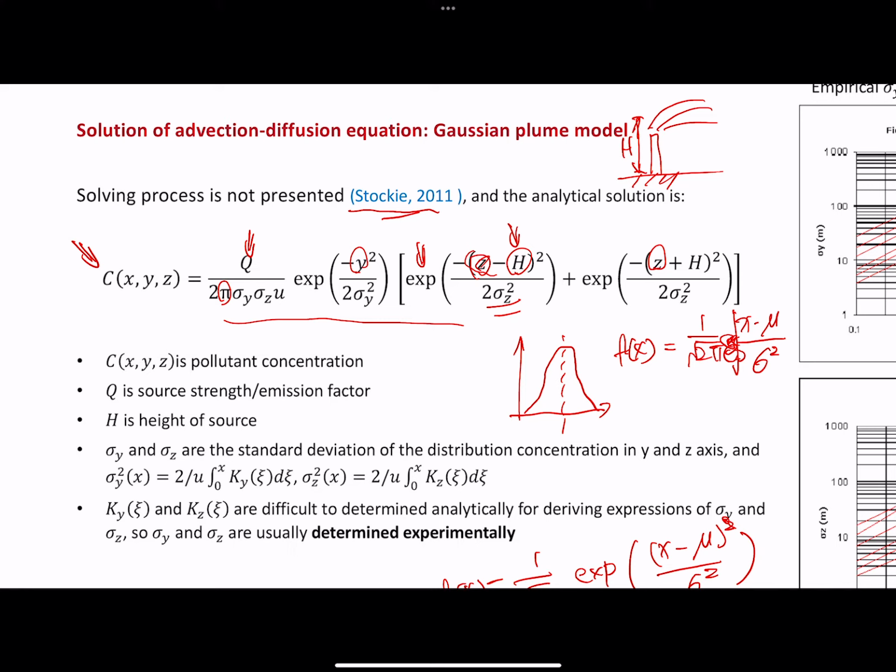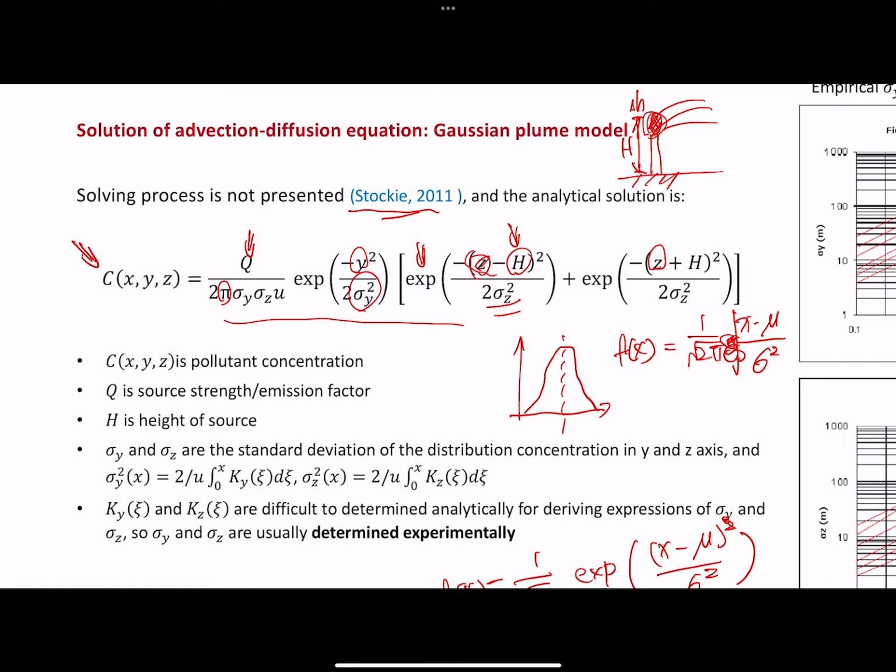Note that we have some extra height here because when the stack emits the pollutant, they have a vertical velocity. So when we do the modeling, we need to consider this height. We usually use delta H to represent that.